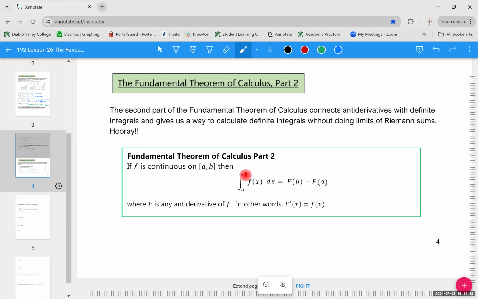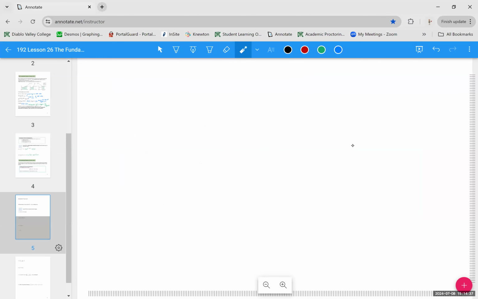Capital F of b minus capital F of a, where capital F is any antiderivative. So basically, you're just going to take an antiderivative of your integrand, and then you'll plug in the top limit of integration, the lower limit of integration, and subtract. So that is the useful part of the fundamental theorem of calculus.